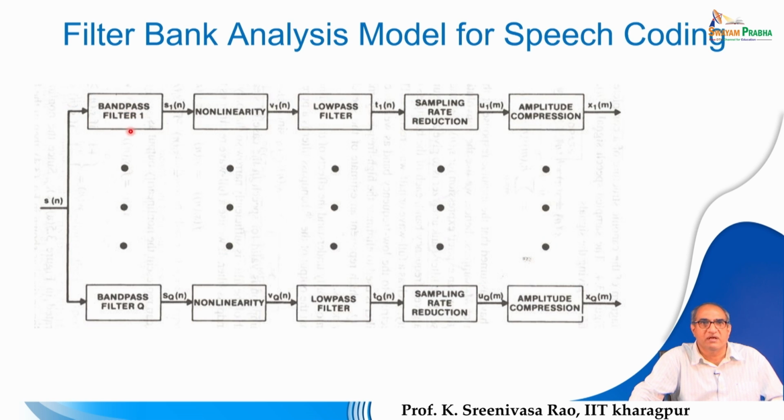So, assuming there are 16 filters and each filter bandwidth is roughly about 500 hertz, the 16 passband filters put together will offer you a range of 0 to 8 kilohertz. It means that the speech signal will be passed through these 16 filters where each filter bandwidth equals 500 hertz.